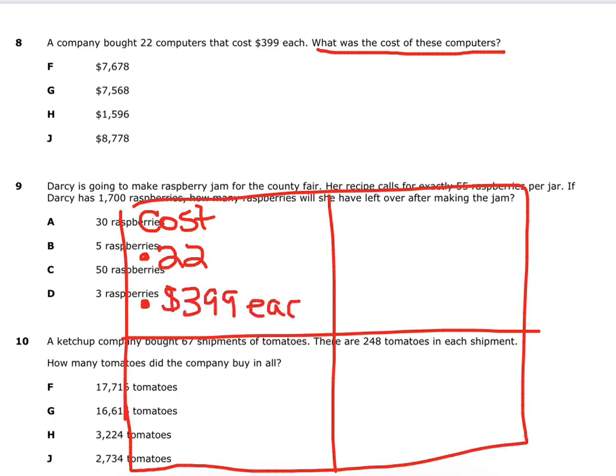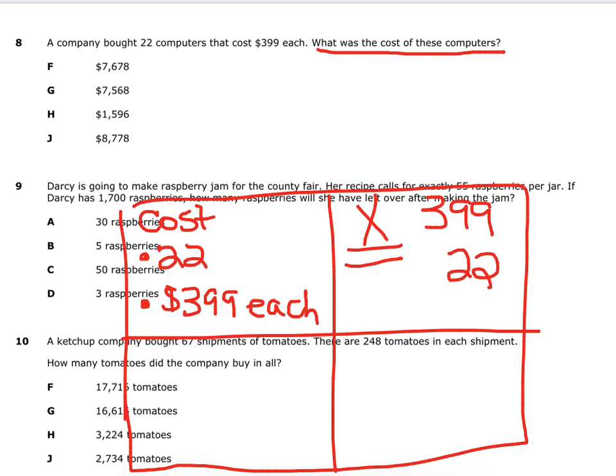I don't have a total here. They didn't say the total cost of the computers was $1,000 or anything. It said they bought 22 and each cost $399, which means I'm going to be multiplying 399 and 22.